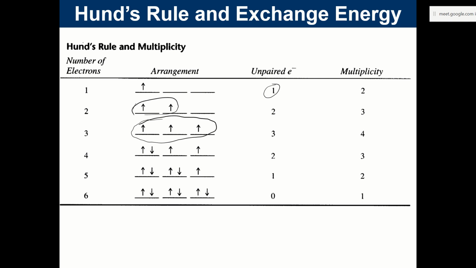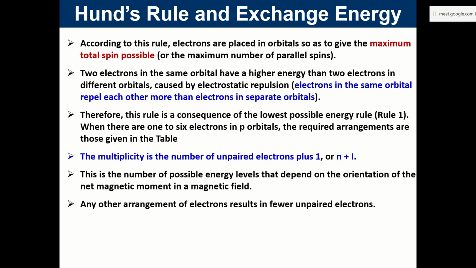But why is it happening in this manner? And we say that multiplicity, you already know what is multiplicity, multiple spin, how many spins, so that maximum total spin possible, or the maximum number of parallel spins that you express as the number of unpaired electrons plus 1.